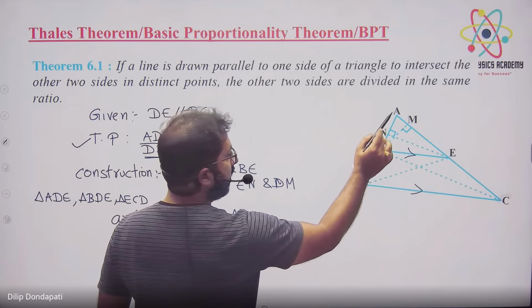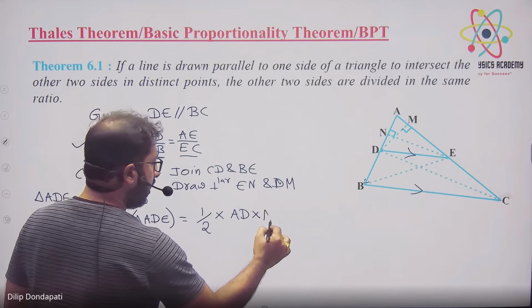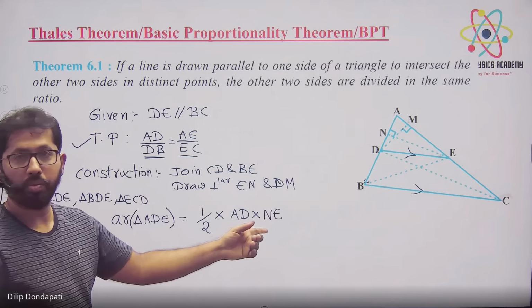So is AD the base or AE the base? Both can be taken. So first, half into AD as base. AD into its height, how much is the height? EN, or NE. That's why we drew one perpendicular.